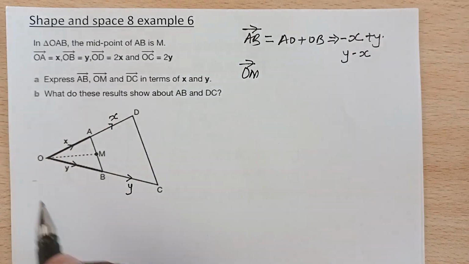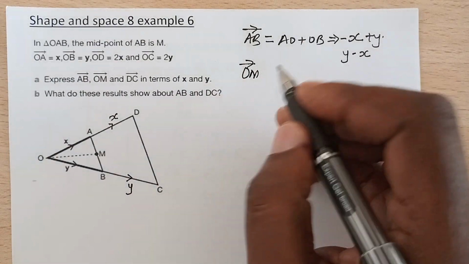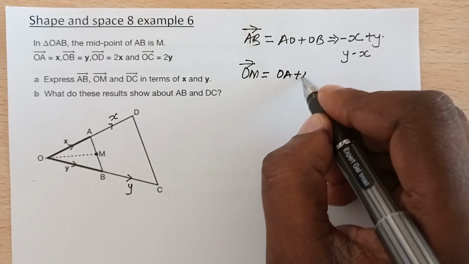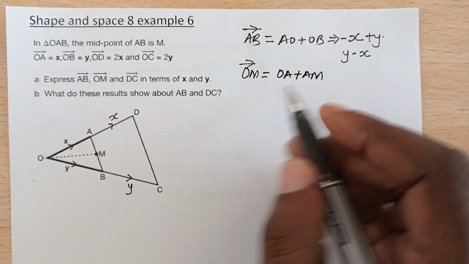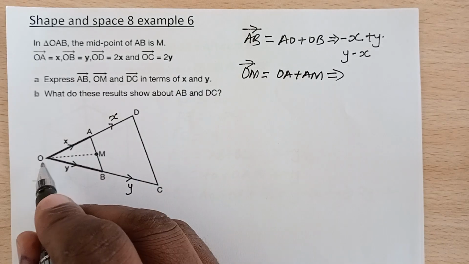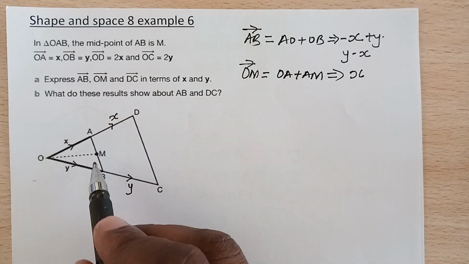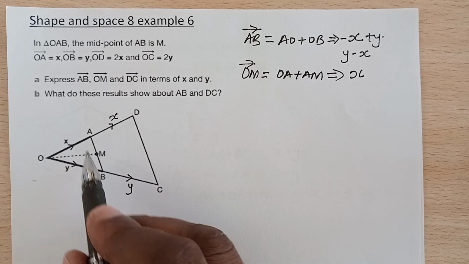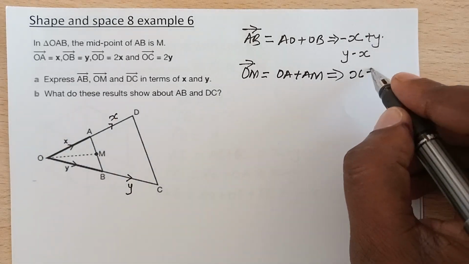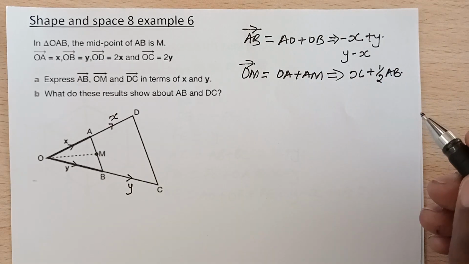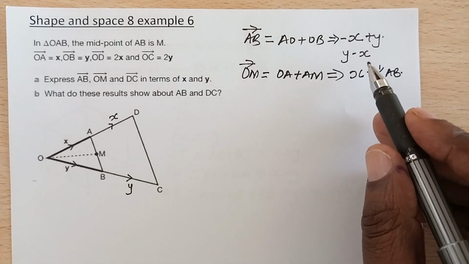What about OM? Vector OM is OA plus AM. And we all know that OA is x and AM is a half of AB. Incidentally, AB happens to be y minus x.